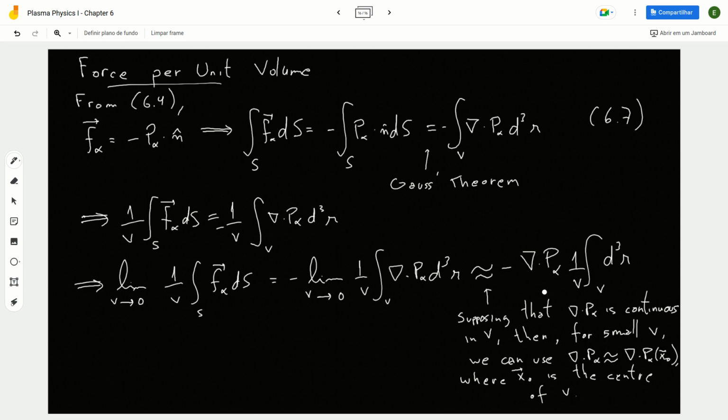We have this approximation, and this integral of d3r is just V, right?